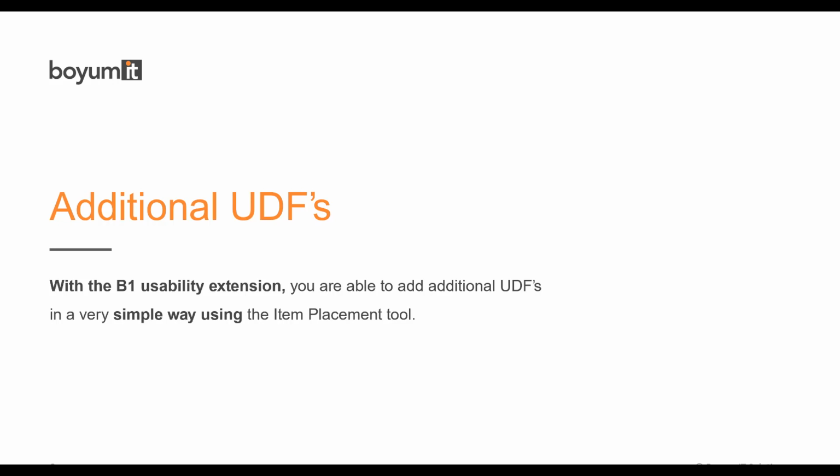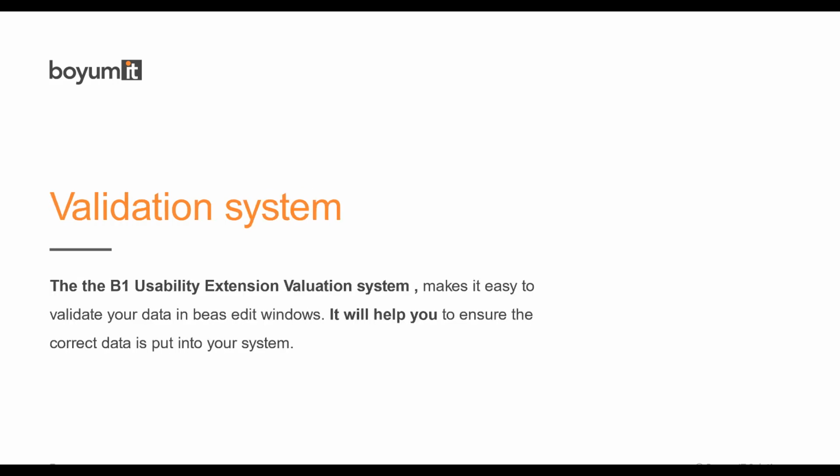This is a very popular feature because in production, in manufacturing, you always need additional fields to put in additional data. That's very common. So you can add with the Beas Usability Extension 11 more beside the 4 that come as default. And then we have the validation system. With the validation system, you can validate your fields and make sure the data people are putting in the field is correct.